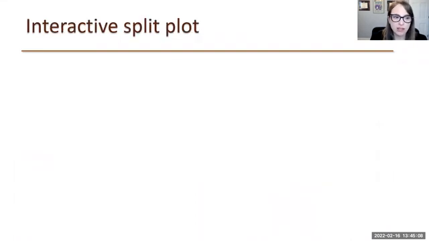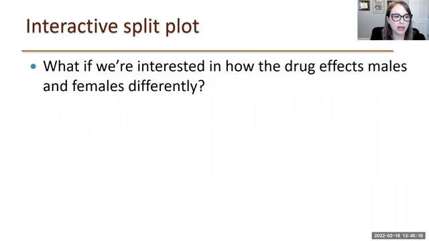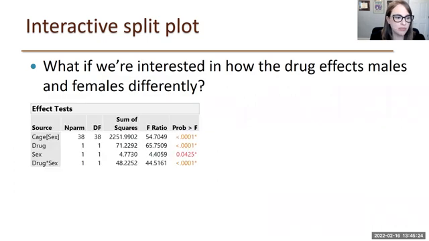But we forgot that maybe we're interested in the males and females and how our drug may actually interact differently. We know that drugs are metabolized differently between males and females. This is probably something we should be looking at. So again, we add in our interaction term, which you see at the bottom there, drug times sex.